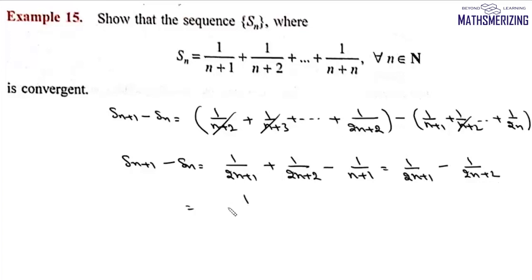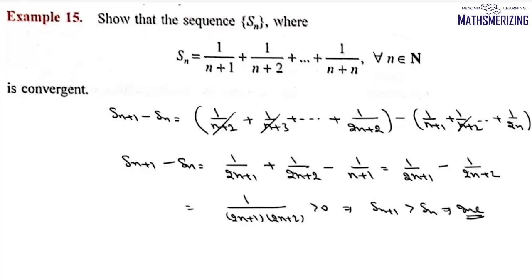So it will be 1 upon (2n plus 1) into (2n plus 2), which is greater than 0. So from here we can say Sn plus 1 will be greater than Sn, that is, this sequence is an increasing sequence. So this sequence is monotone increasing.